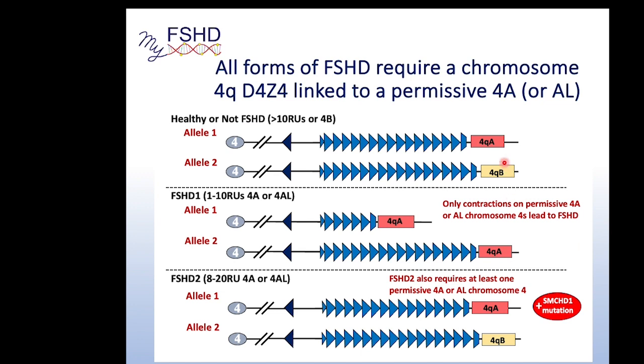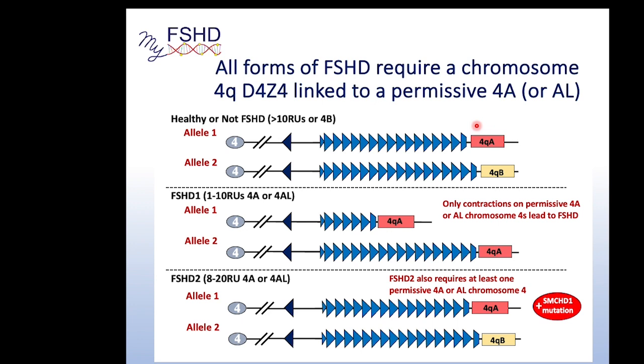Now, this is what throws everybody off. You keep hearing me talk about permissive. All forms of FSHD require 4q D4Z4 linked to permissive. What I mean by permissive is, 75% of the world population has a 4A or 4AL, at least one. 50% have one, 25% have two, and 25% have none.